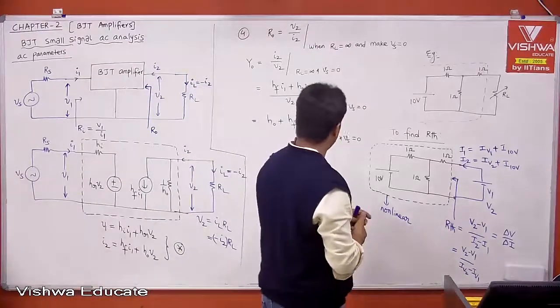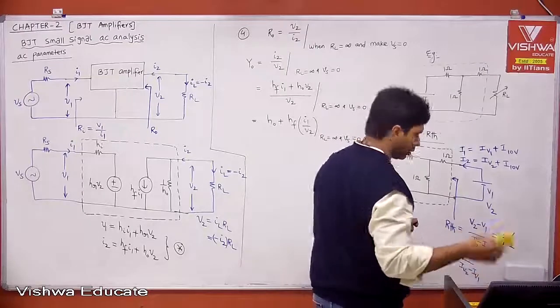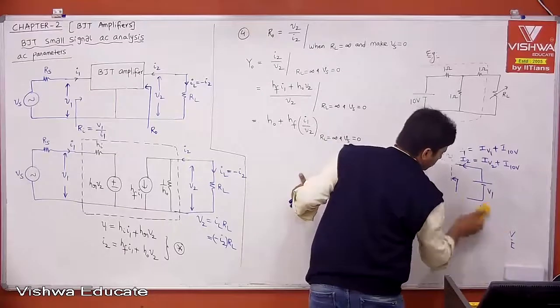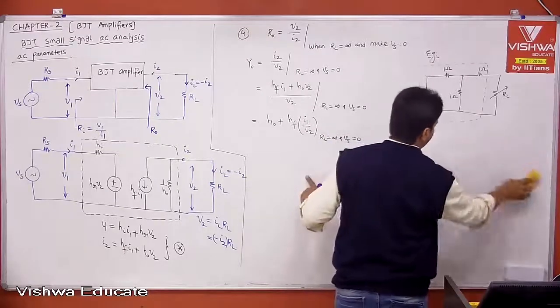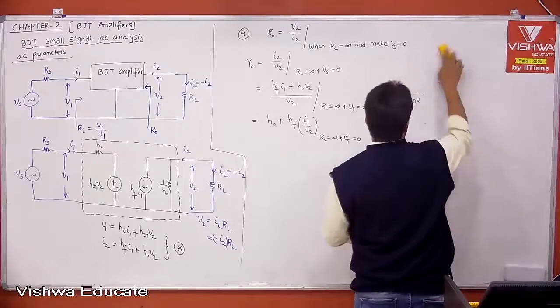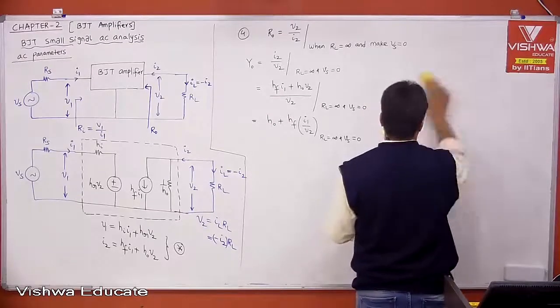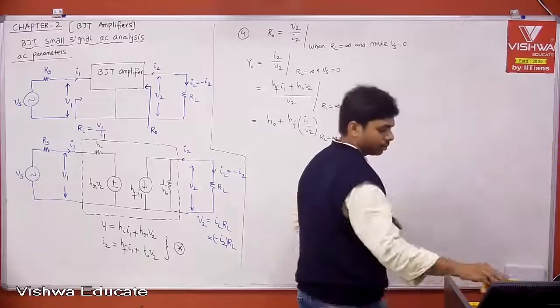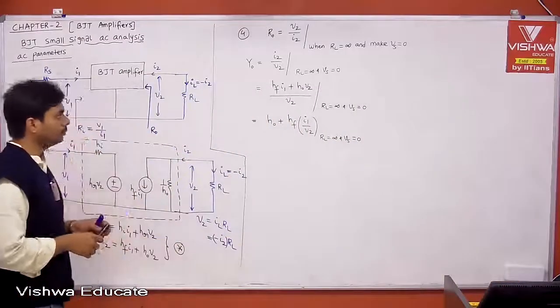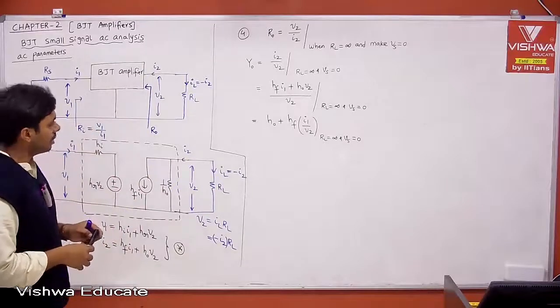Let me erase this portion. Now, where is I1 by V2?